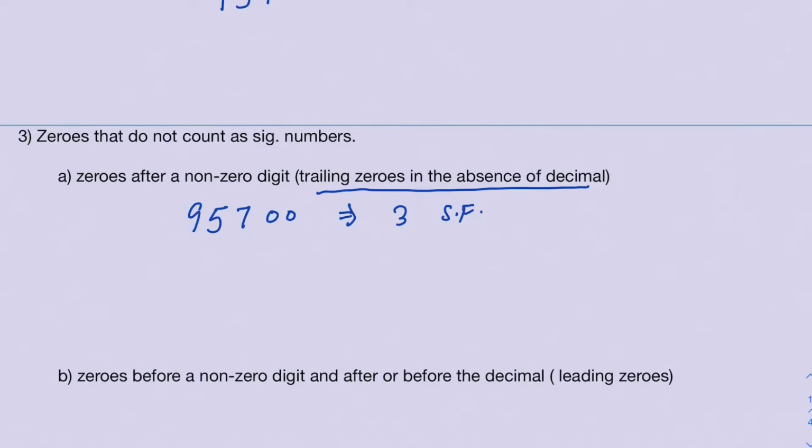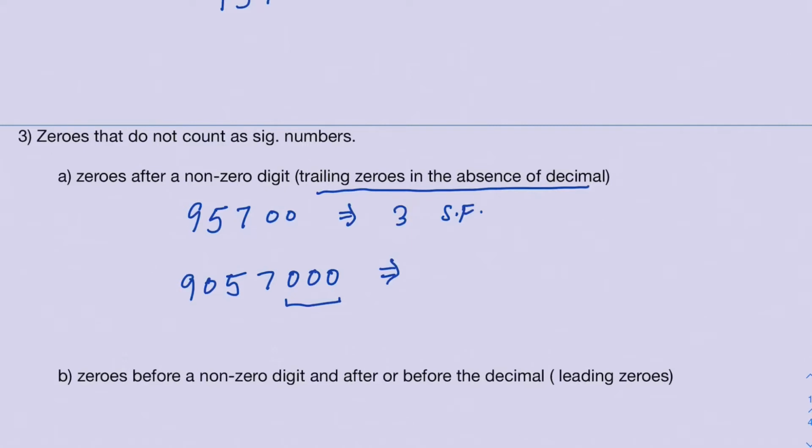Or what if I have an example that looks like this, 9057000. What do you guys think, how many sig figs do I have in this particular number? I do have 3 trailing zeros, the zeros after the non-zero digit, which is a 7. Those zeros are not going to be counted as sig figs because there's no decimal involved in the number.